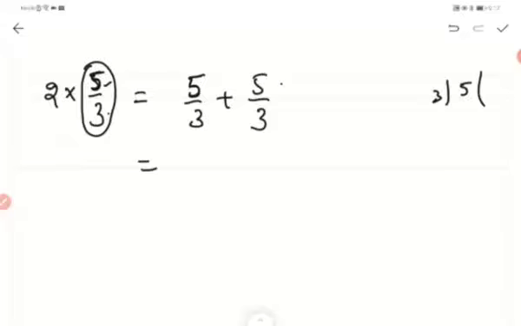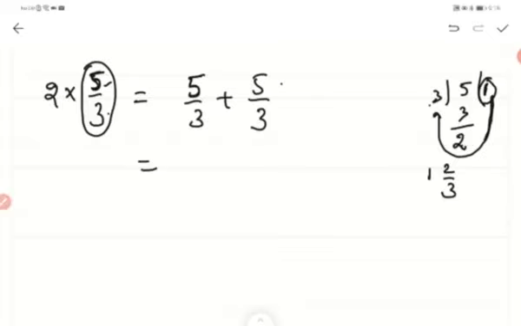5 by 3 is nothing but 3 ones are 3, 4, 5, remainder 2. So you can represent 5 by 3 as 1 and 2 by 3, isn't it? This is your whole 1 and 2 by 3. Don't get confused, remember the sequence: 1, then 2 divided by 3.